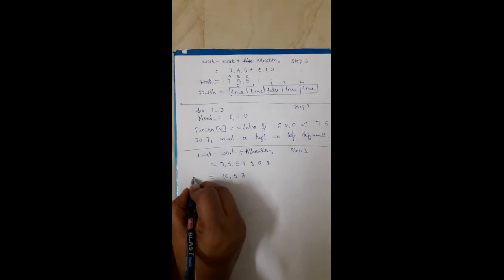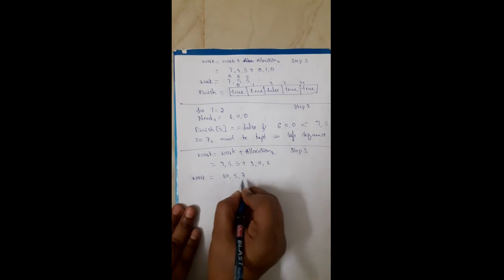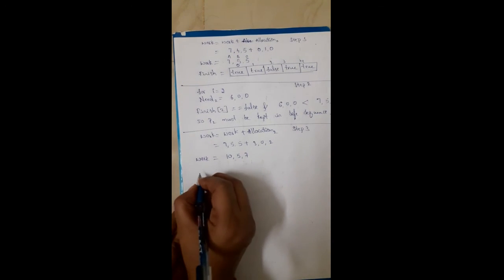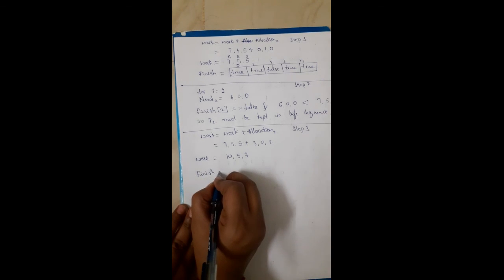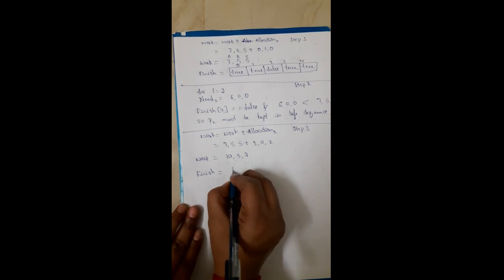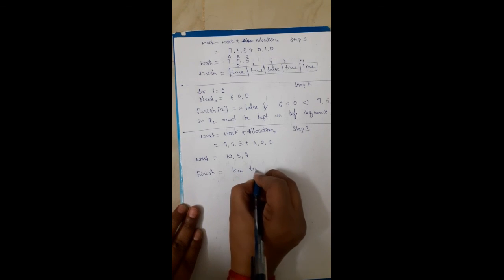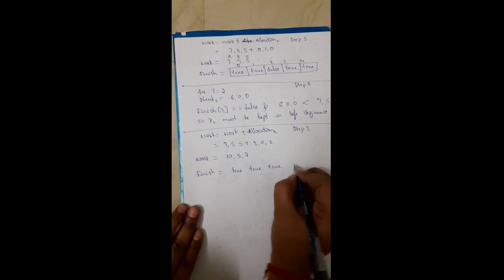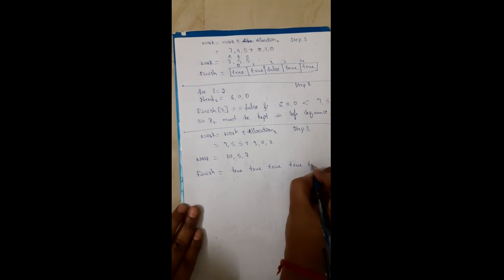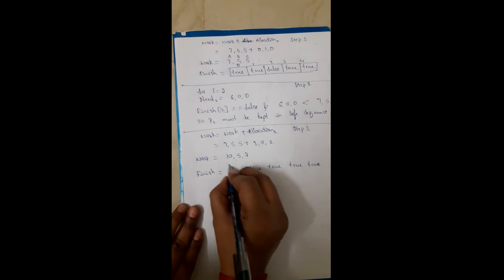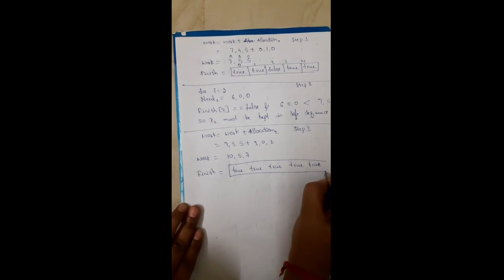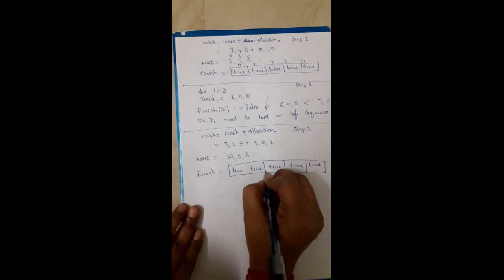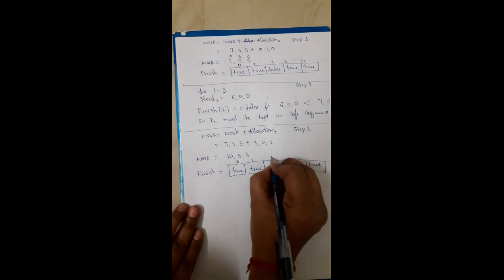Clear? Now work is 10, 5, 7. Now what happens to the finish array? Finish array equals P0 true, P1 true, P2 true, P3 true, and P4 is true. So all processes complete their execution.